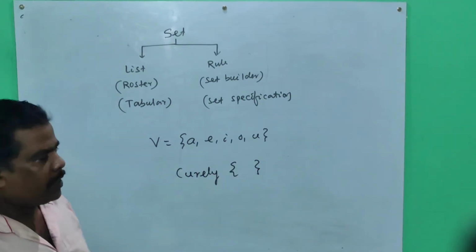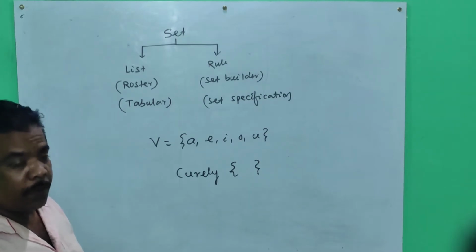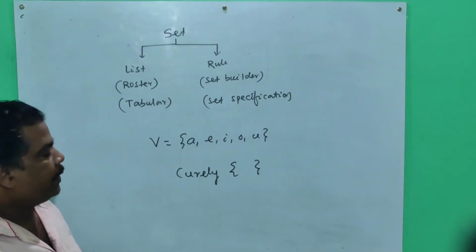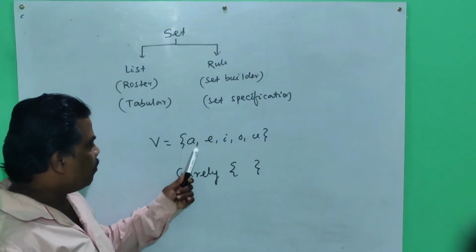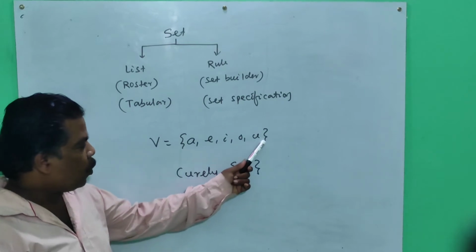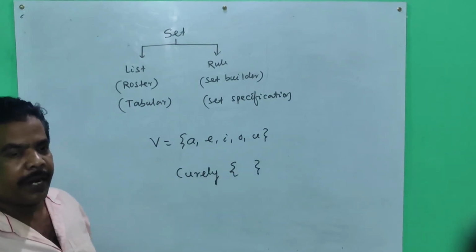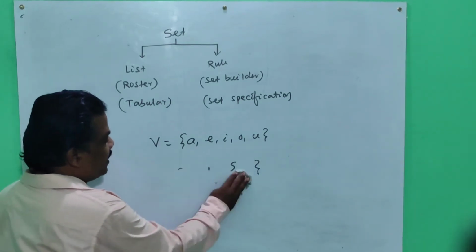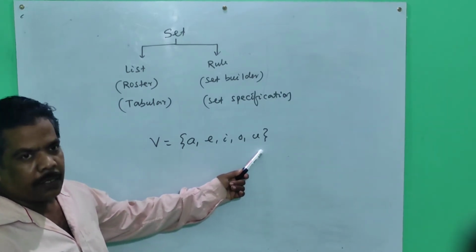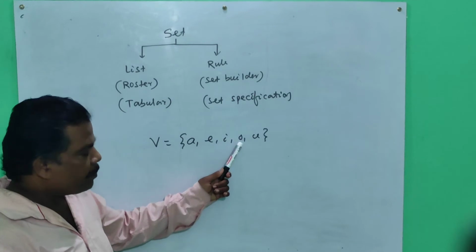In a set, when we express it by roster form or tabular form or list form, the elements must be separated by commas and enclosed by curly brackets. So here is a set enclosed by curly brackets with elements separated by commas.